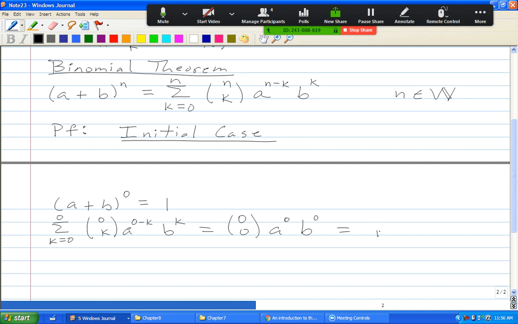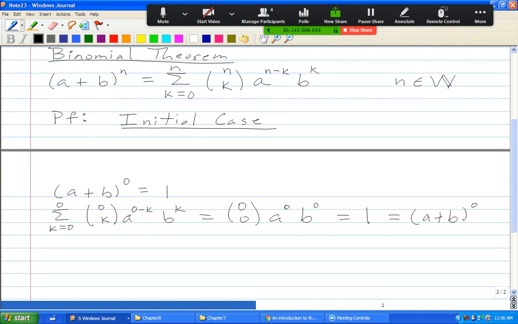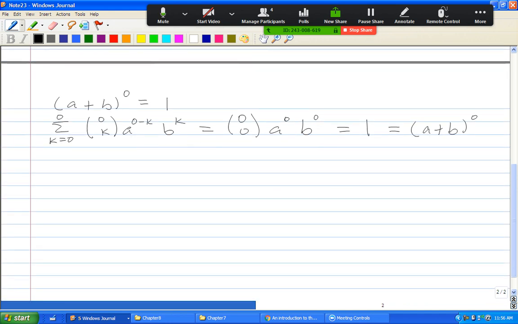If a is not 0, then any non-zero to the power 0 is 1. And if a is 0, you just define it as equal to 1. And same for b. Okay, good. So that says that these are equal. So the formula works when n is equal to 0. Let's do the induction step.